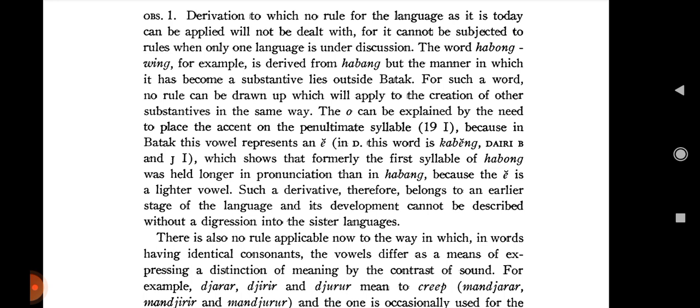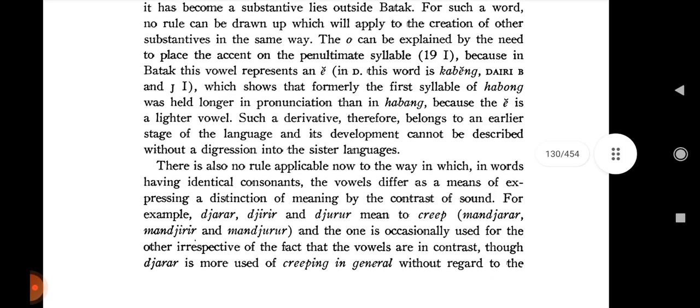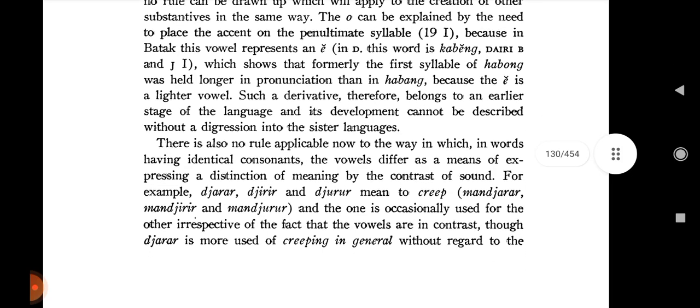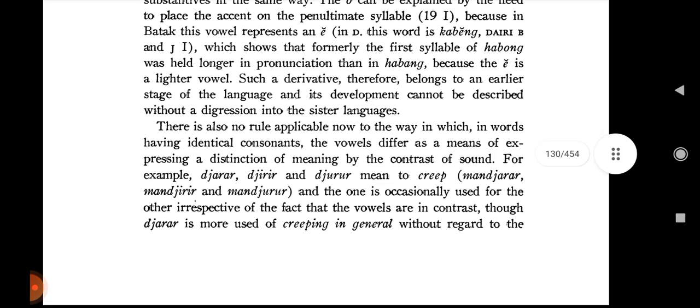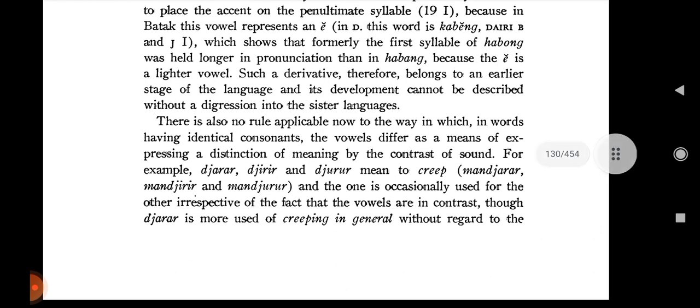The word habang wing, for example, is derived from habang, but the manner in which it has become the substantive lies outside Batak. For such a word, no rule can be drawn up which will apply to the creation of other substantives in the same way. The whole can be explained by the need to place the accent on the penultimate syllable 19.1.